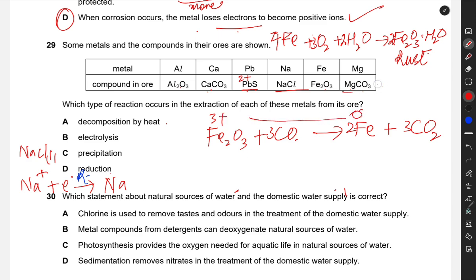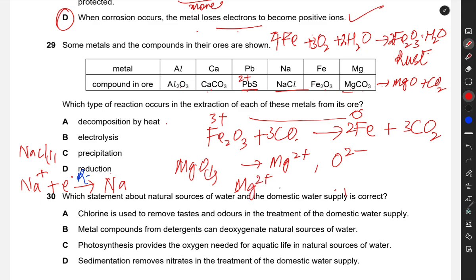Similarly, magnesium carbonate first decomposes to magnesium oxide and carbon dioxide, then using electrolysis, magnesium oxide in molten form has magnesium 2+ and oxygen 2- ions, and magnesium through electrolysis is again reduction. So the main type of reaction that occurs is reduction. D option is the correct option.